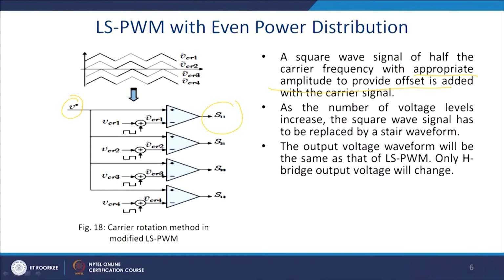So, how will you generate it? A square wave signal at half of the carrier frequency, with appropriate amplitude to provide the offset, is added to each carrier wave. So, you add it up, and it shifts the positive and the negative half cycle accordingly.